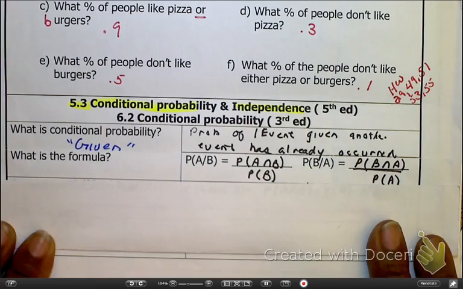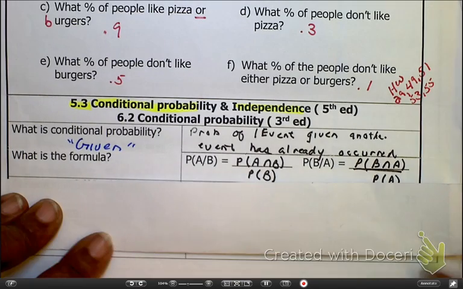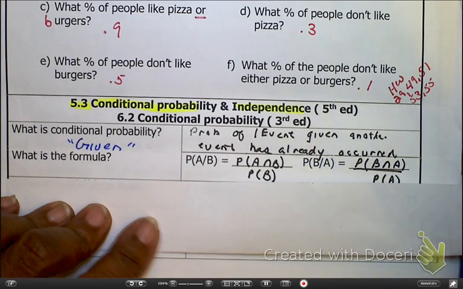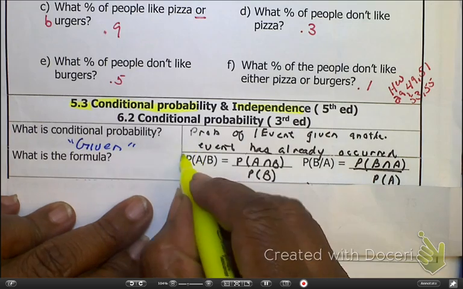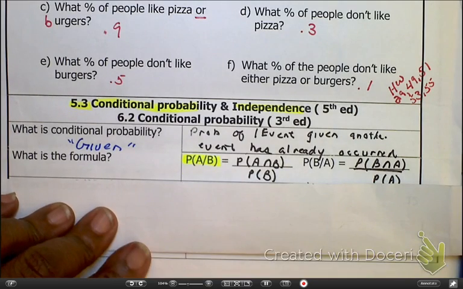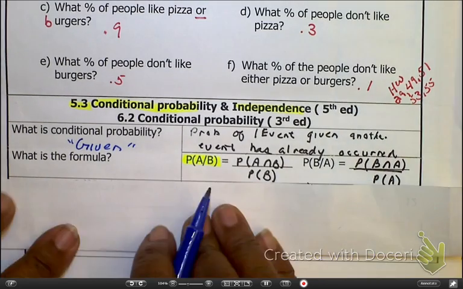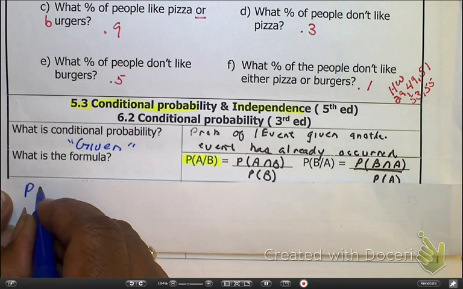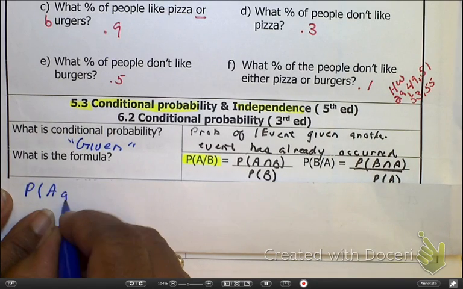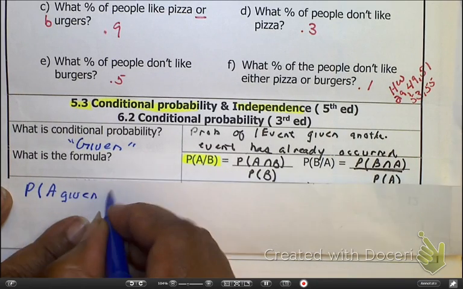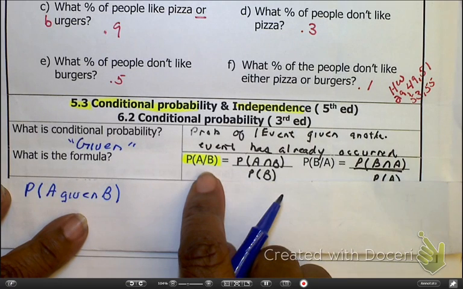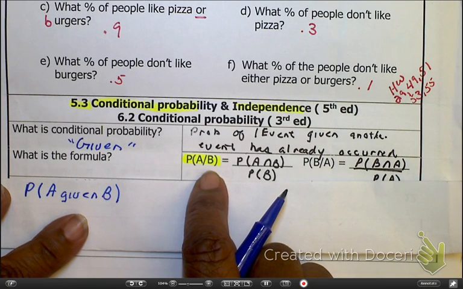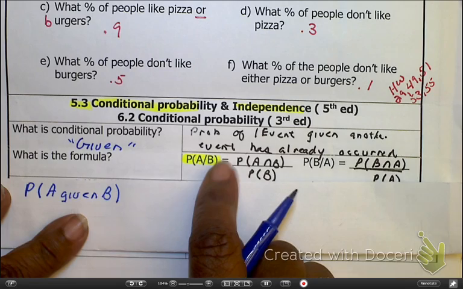Which takes me to some notations. As I look at this first one, the probability of A/B, it's not a division sign. This is saying the probability of A given B. So it's saying the probability of A happening given that B already occurred.